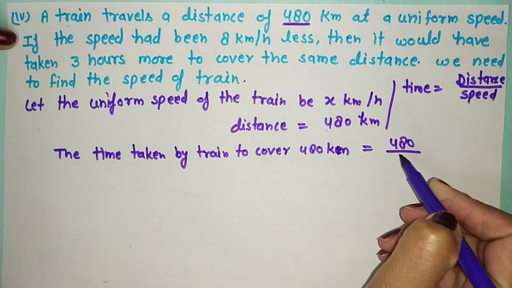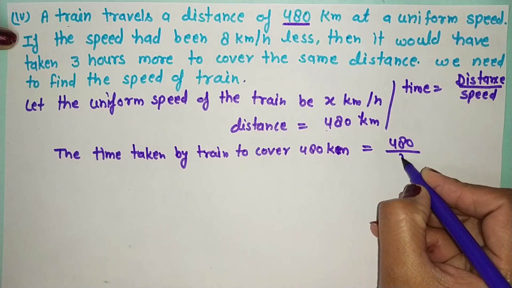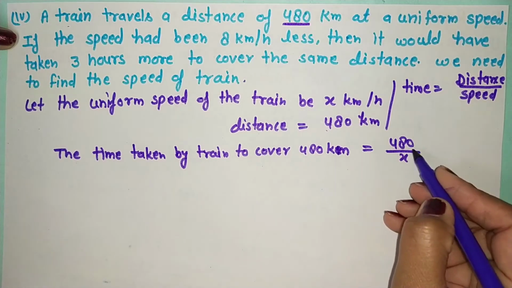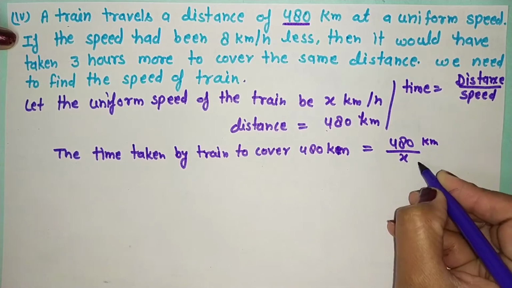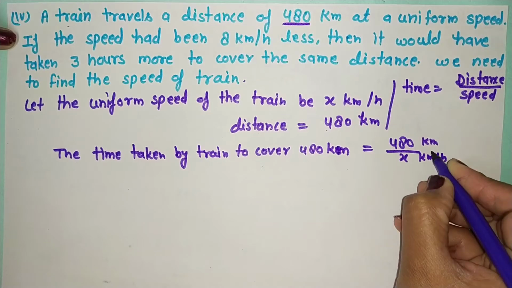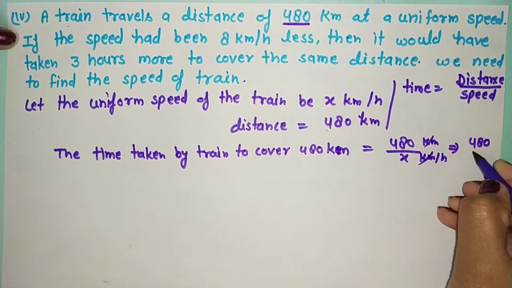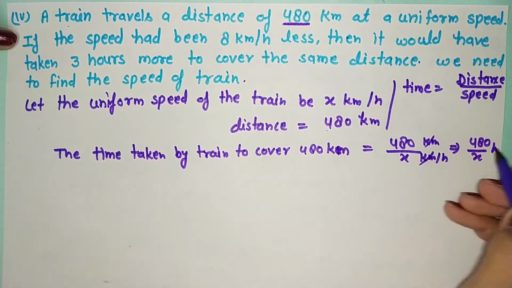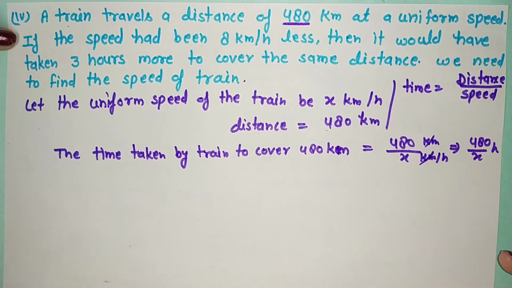The distance is 480 kilometers and the speed is x kilometer per hour. Therefore, the time is 480 upon x. Kilometer is cancelled by kilometer, and we get 480 upon x hour.